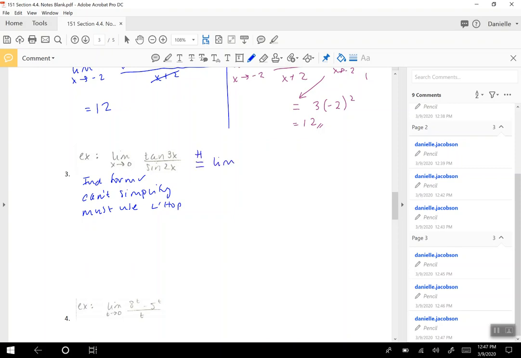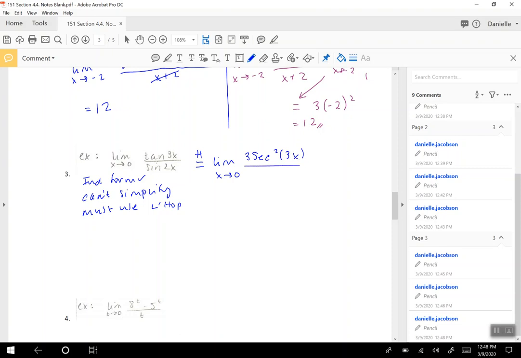So if we use L'Hopital's, we'd have the limit as x goes to 0 of, for the derivative of the top, the derivative of the outside is secant squared of 3x, remember the derivative of tangent is secant squared, times the derivative of the inside, which is 3, over.